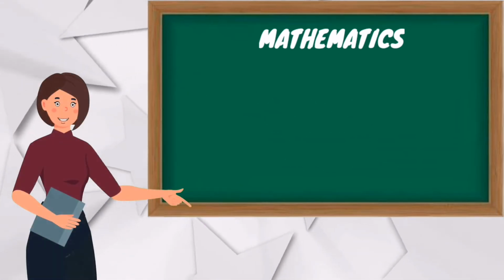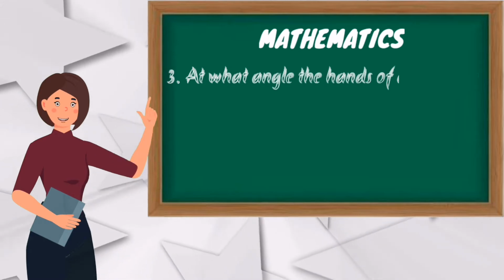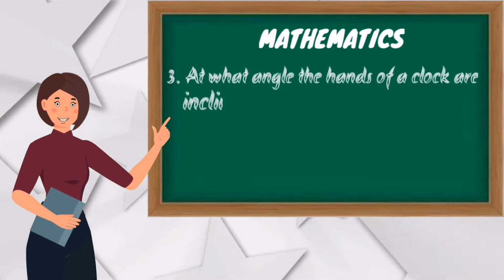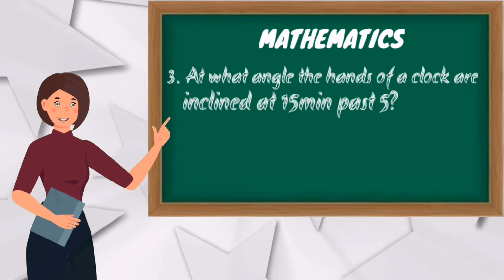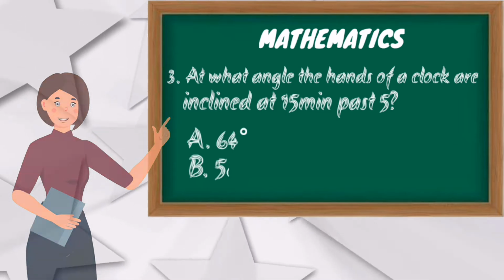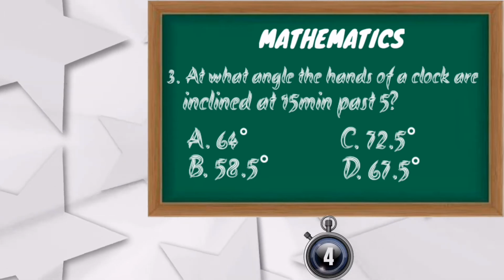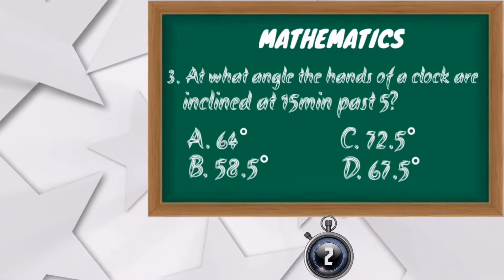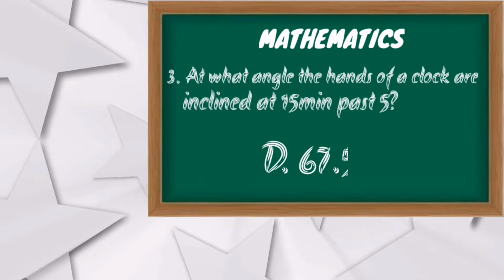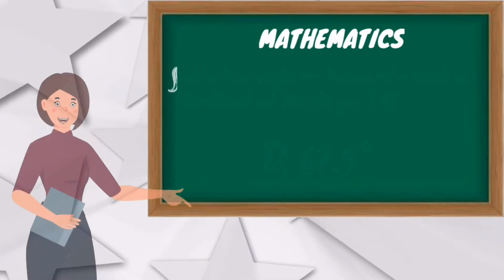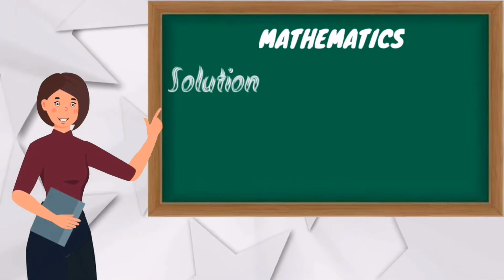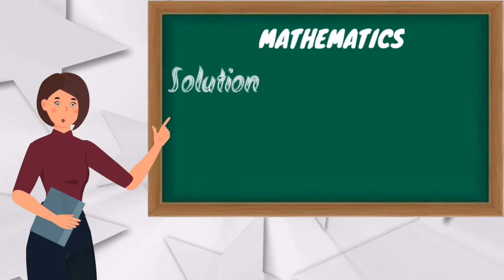Now, our next question is, at what angle are the hands of a clock inclined at 15 minutes past 5? This question looks a bit different, but it's of the same pattern as the previous.